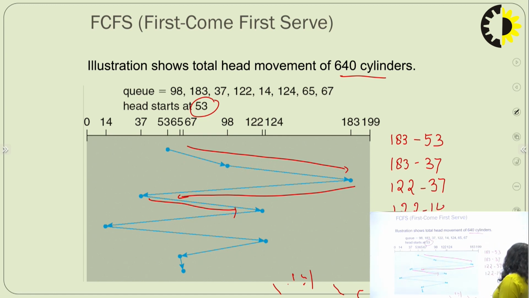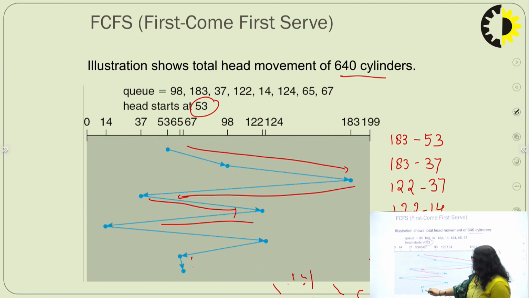We always subtract from highest to lowest. Then again the second is 124, so 124 minus 14, then 124 minus 65. Then 67 minus 65.